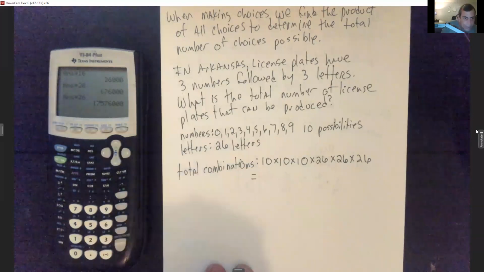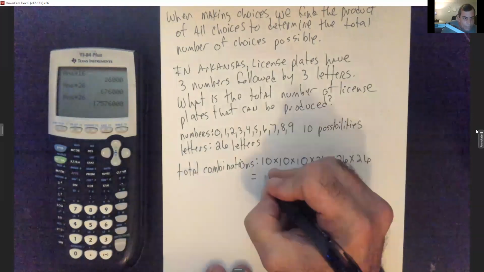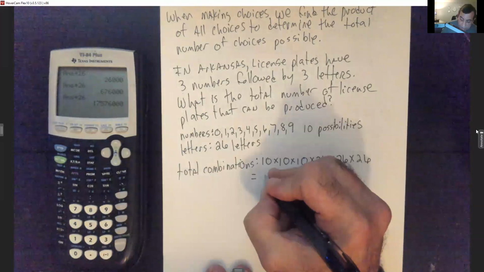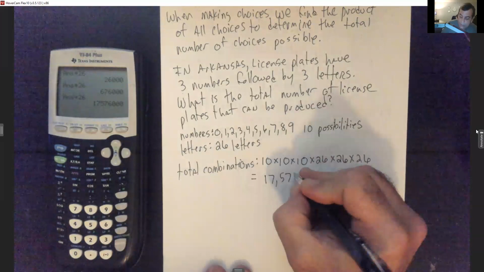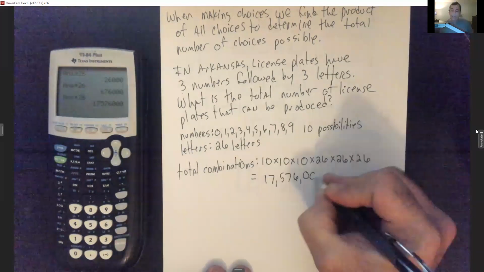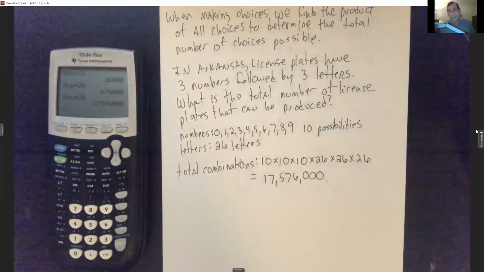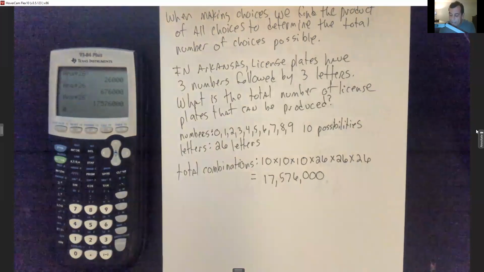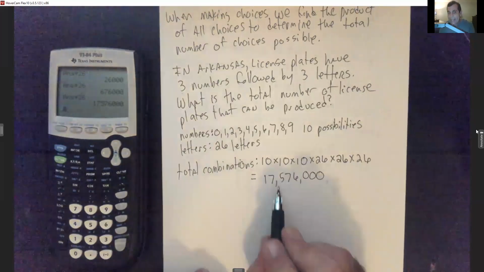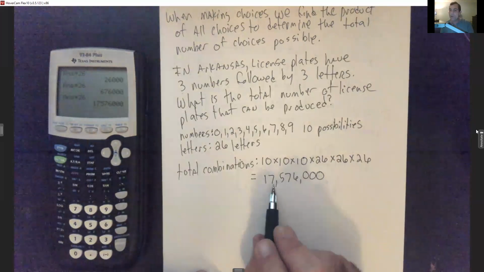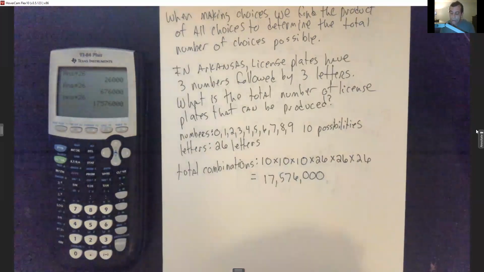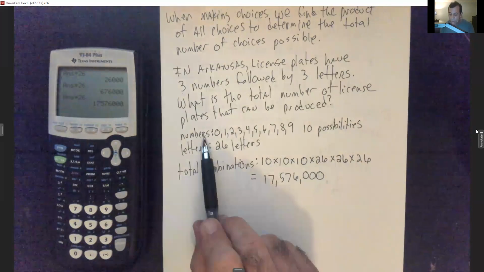And it looks like I'm getting 17,576,000. So there is 17 million possible combinations they could run off of using 3 numbers and 3 letters.